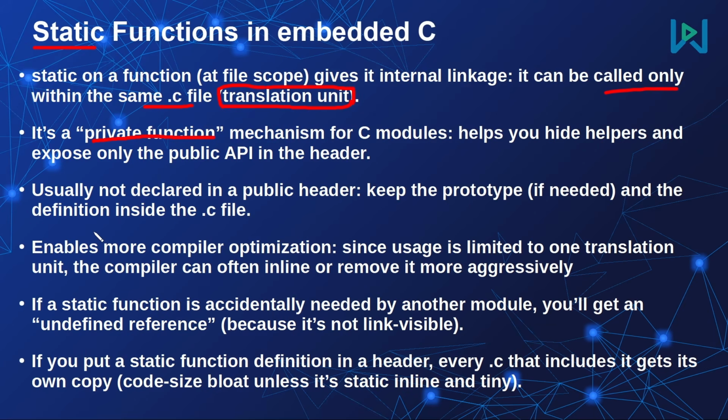The static function, generally speaking, is not declared as part of a public header file. A public header file is a header file that will be used by the different .c files within our program. And because the public header is shared between the different .c files, declaring a static function within this public header will risk exposing our static function.